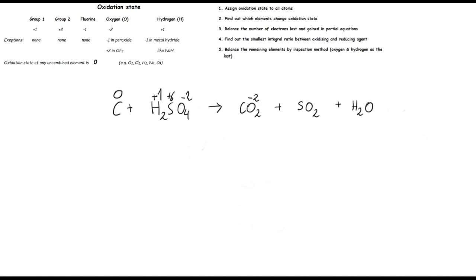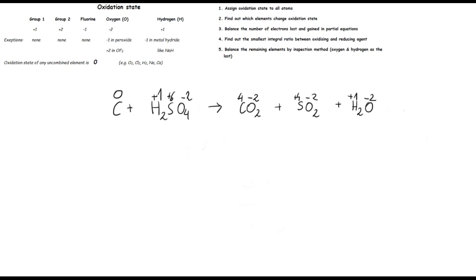For carbon dioxide, oxygen is -2, -2 by 2 is -4, to balance -4 to get a 0, we need +4 on the carbon. Sulfur dioxide as well, -2, to cover that -4 charge from the oxygen, we need +4 on sulfur, and in our water, -2 and +1. So that finishes the first step, assign oxidation states to all atoms.